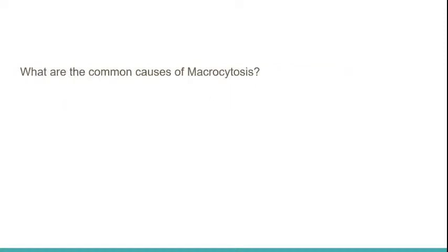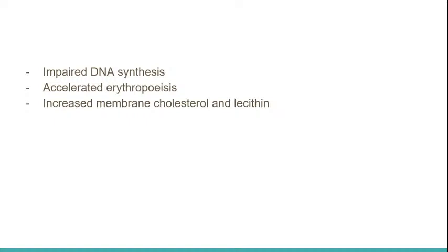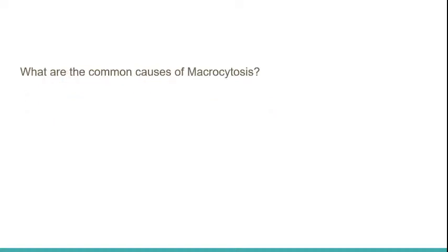Possible reasons means we're talking about the mechanisms. So impaired DNA synthesis, accelerated erythropoiesis, increased membrane cholesterol and lecithin. Okay, so the surface of the cells are affected in the last one.